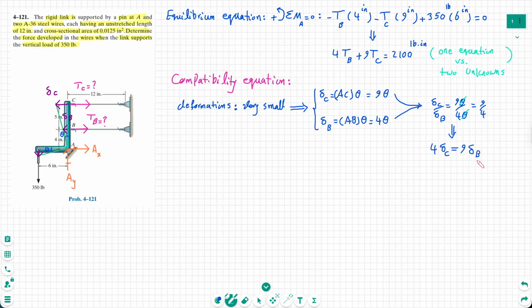This compatibility equation actually helps us to find the extra equation that we need to solve TB and TC.